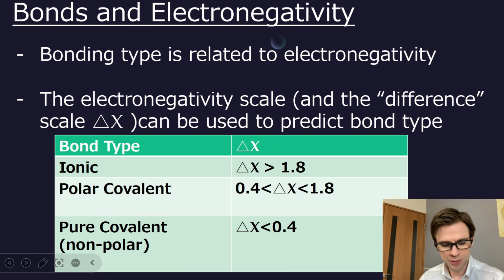And I know my textbook and several textbooks say polar covalent is basically anything above 0, and pure covalent or nonpolar is 0 difference only. You really only get 0 difference when you have pure elements, something like H2 gas or O2 gas or N2 gas. Of course, you'll have an electronegativity difference of 0 there because you have one number minus itself.